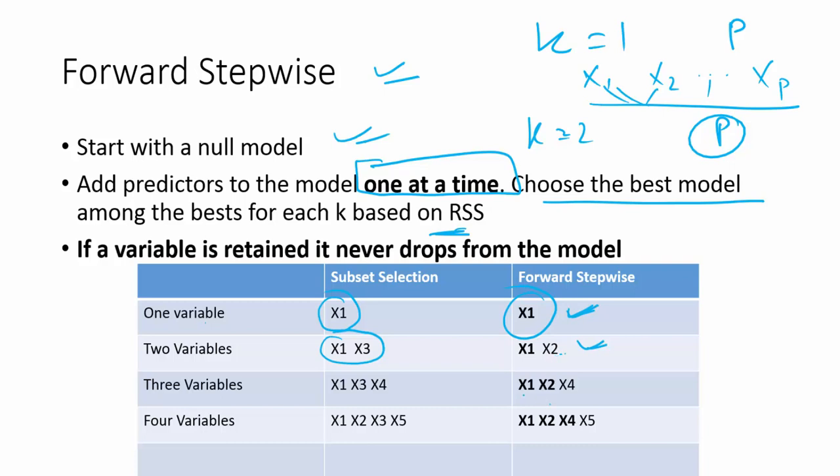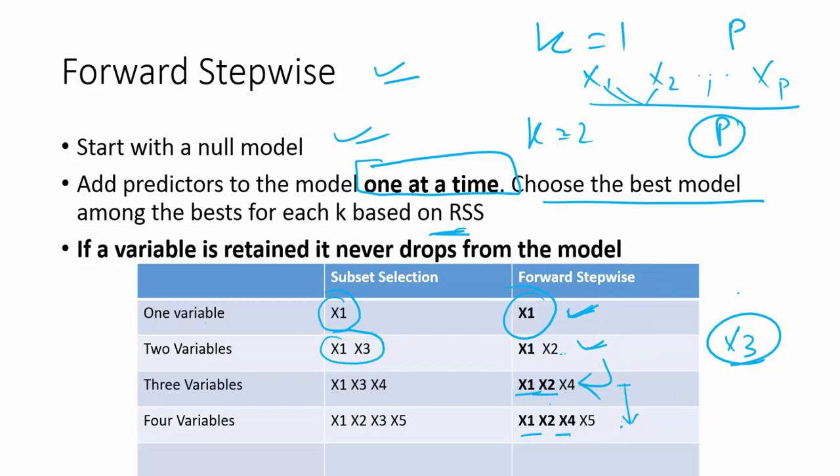So in the third model we have x1, x2, but x3 was not part of it, which directly went ahead with x4. And the fourth model, with four variables, you can see x1, x2, x4 and x5. There is no x3, so x3 got dropped here.